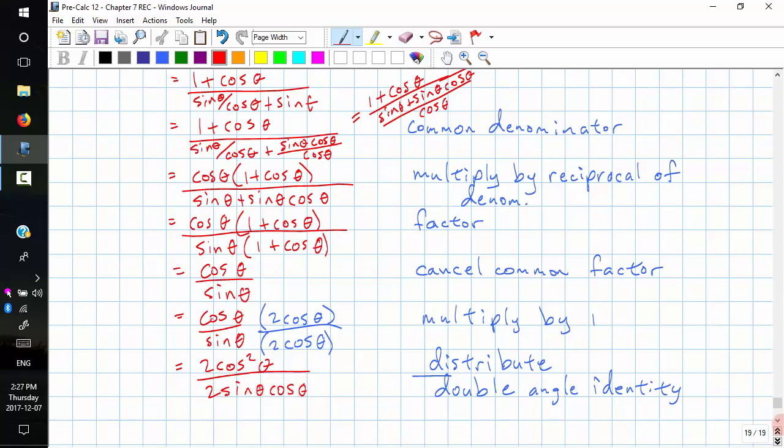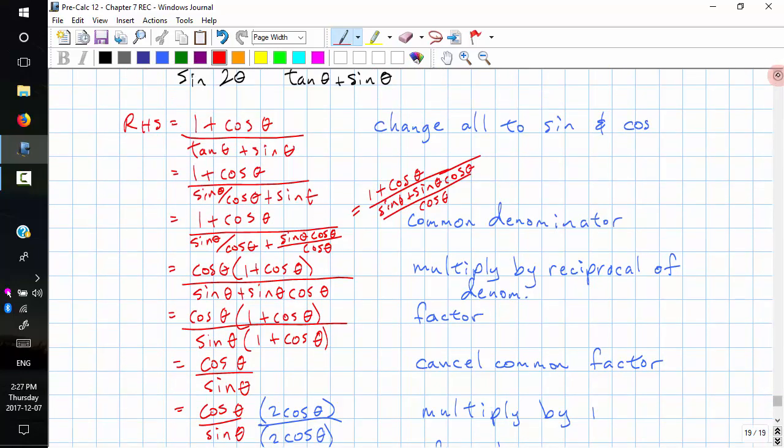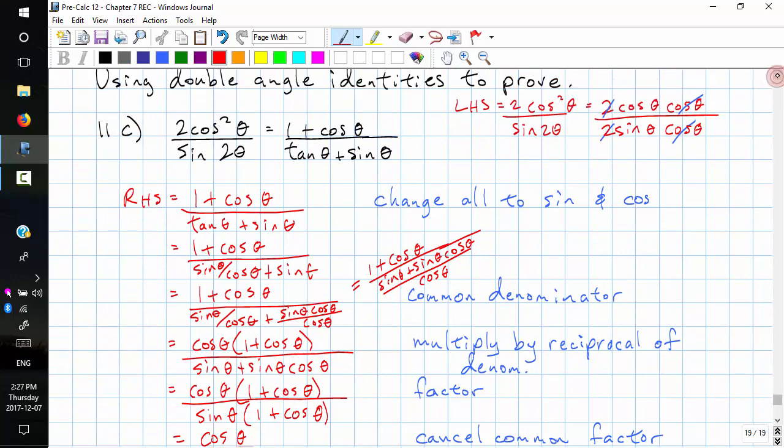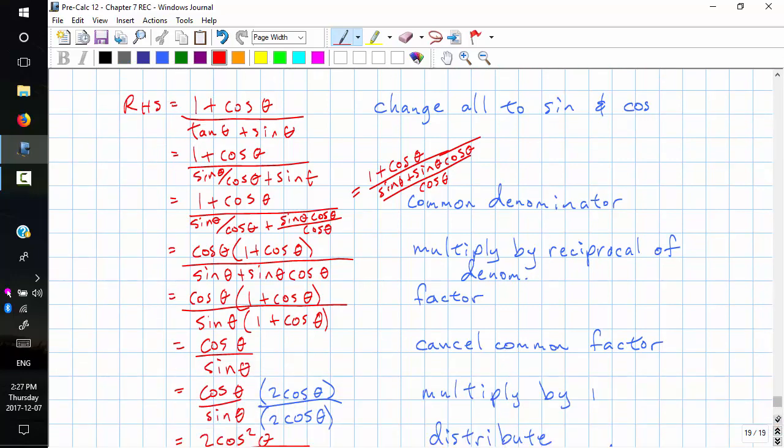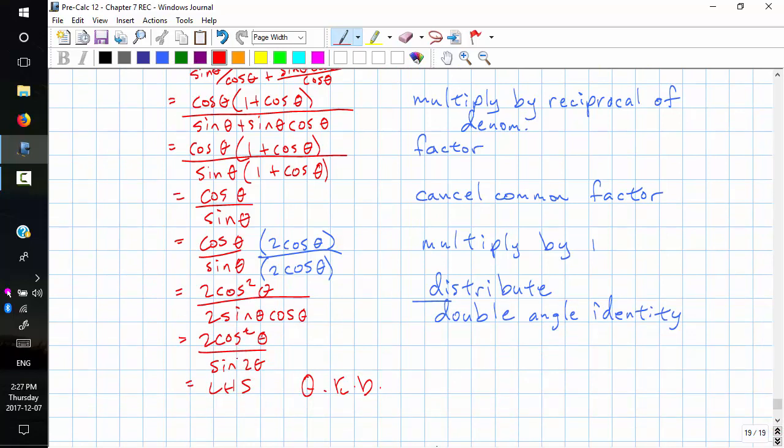So we're just rearranging it so that we can see the double angle identity. 2 cos squared theta over sine 2 theta equals left-hand side and QED. Okay, so here's an example of where it's a good idea to work with both sides, but you still have to write out the proof the proper way by working on one side. And that completes this lesson and chapter.